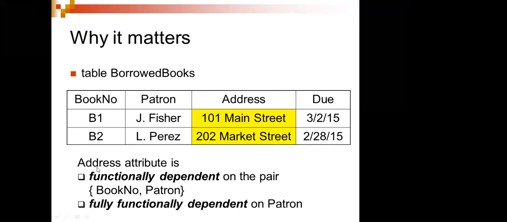So the address is fully dependent on this number and the patron, right? Then when I say functionally dependent, it is as a patron. When I say fully functionally dependent, it is in a pattern: based upon this, how many books he has borrowed and what the due date is. So like this we have functional dependency.